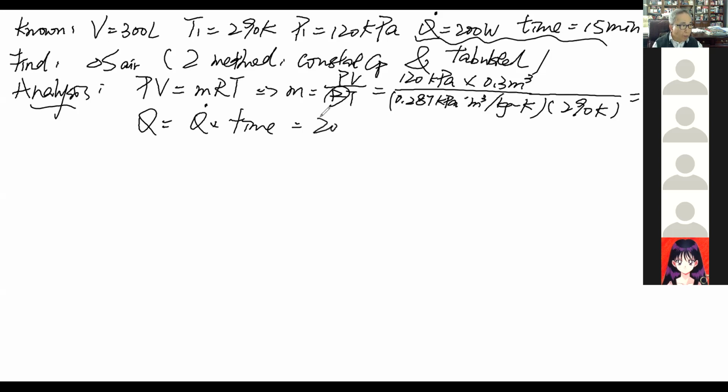So it's 200 watt times 15 minutes times 60 seconds per 1 minute. What I got is 180 kilojoules. Okay, then we need to use the first law.